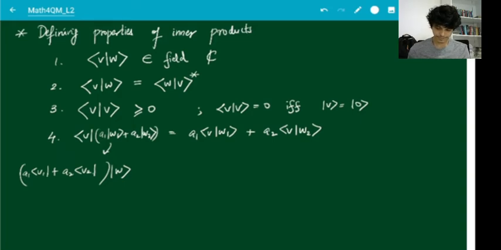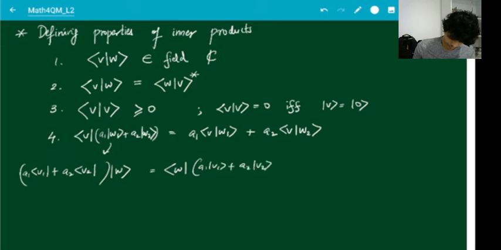Let's see. Now, from the second property, this is just going to be the complex conjugate of the flipped one. This we know comes from property 2. From property 4, we know how to expand this out.